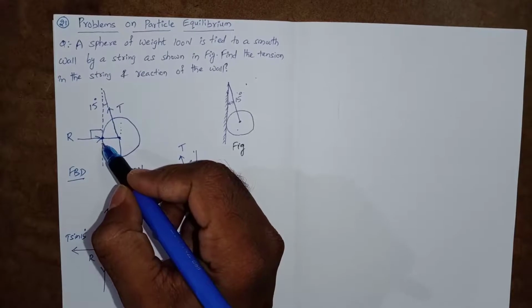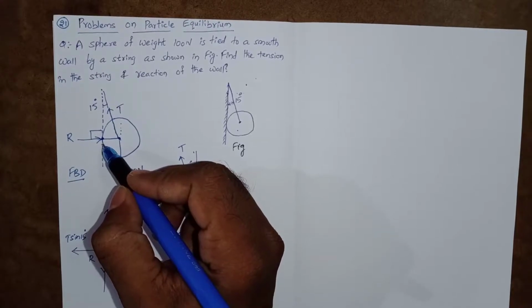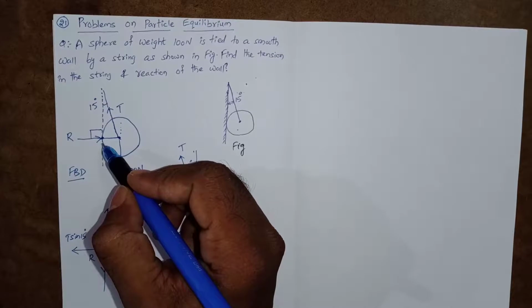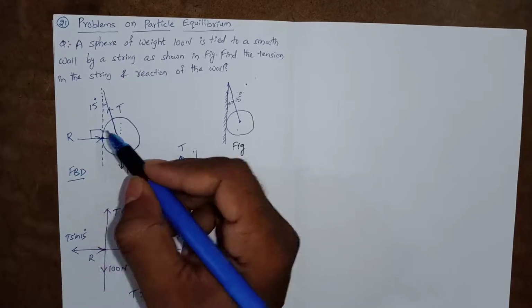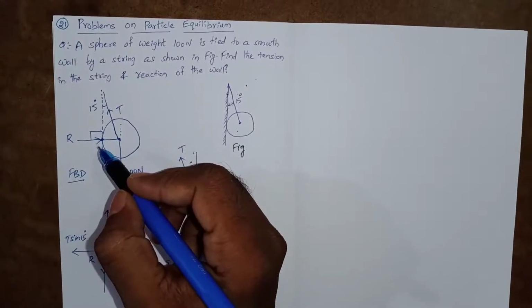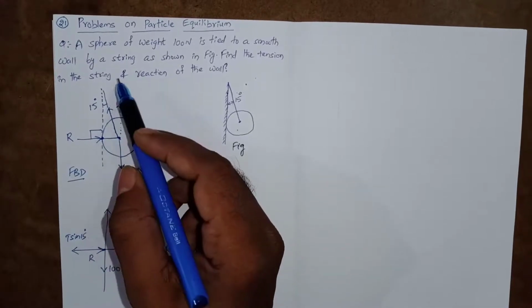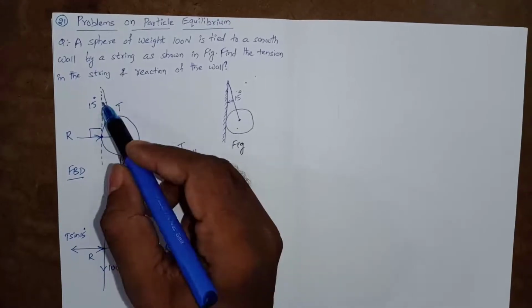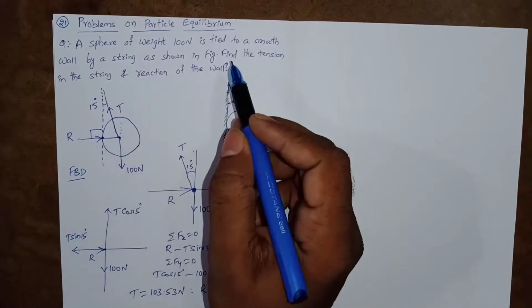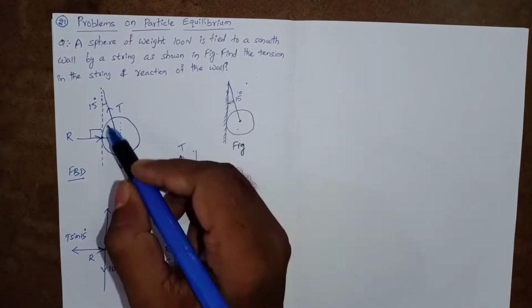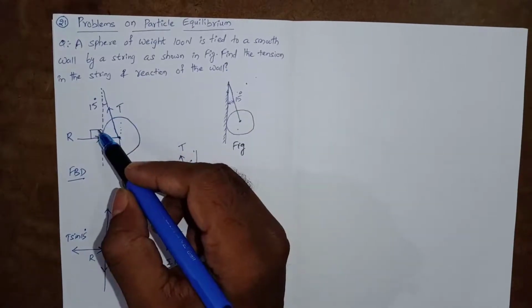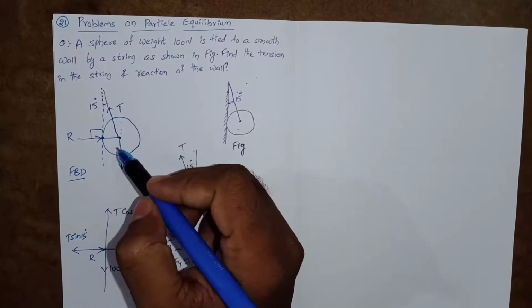The reaction force tangent to the contact surface is called the frictional force, and the reaction force normal to the contact surface is called the normal reaction. In this case it is given that the vertical wall is smooth. That implies there is no friction, no tangential reaction exerted by this wall on the sphere.